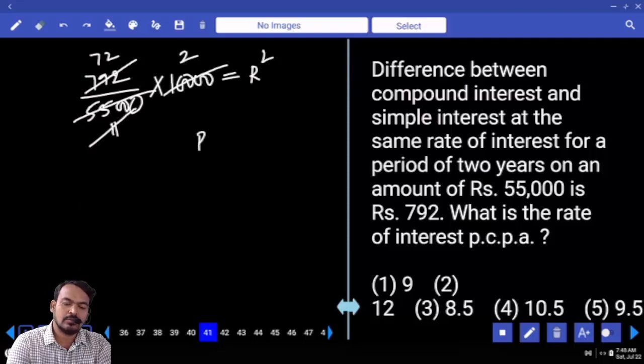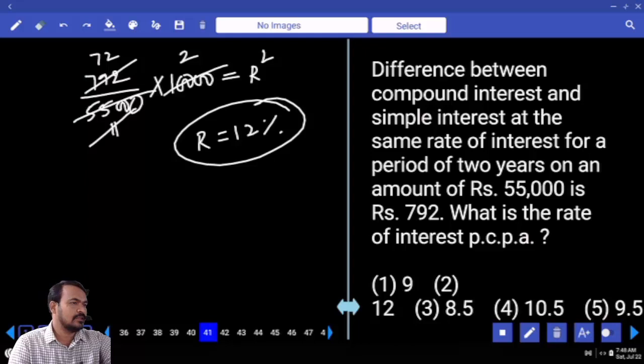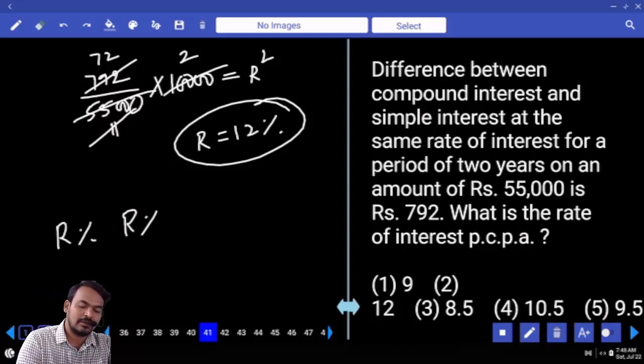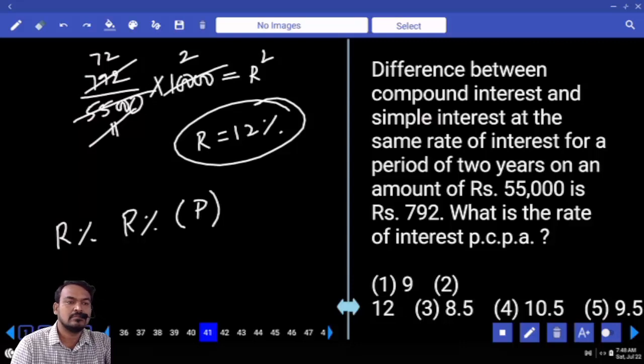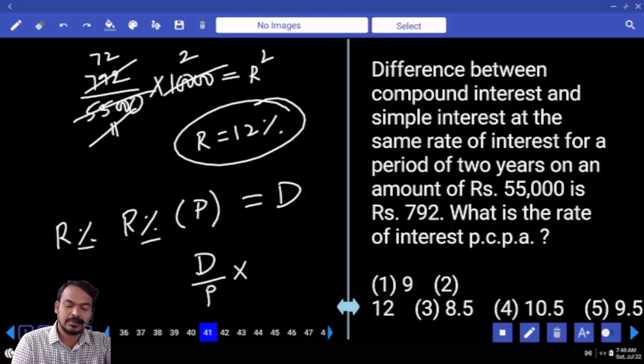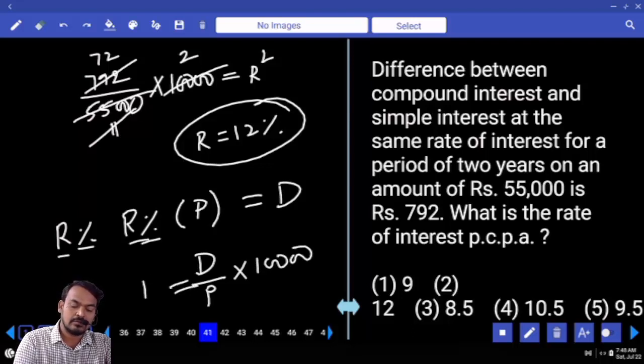Then R equal to how much? 12%. Already we know basic 2 years difference formula. R percent of principal is equal to difference in 2 years. This one I write directly D by P into 10,000 equal to R square.